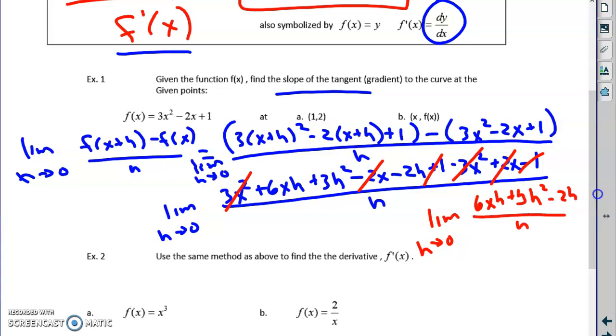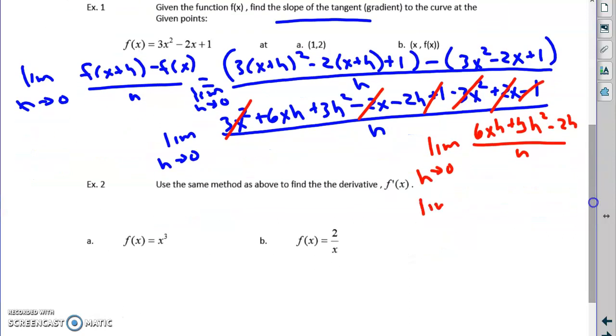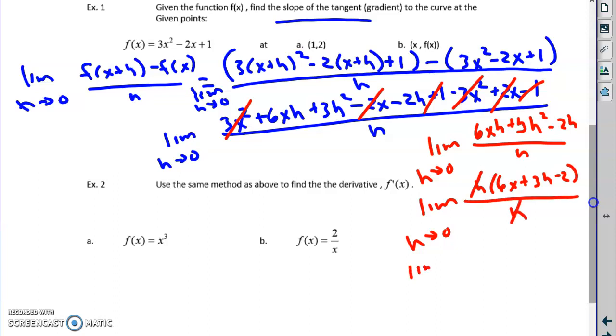Still couldn't plug in the 0 for h because I get a 0 on the bottom. Pull the h out. You've got to show each of these steps. h times 6x plus 3h minus 2. Running out of time. I think we can make it. Cross those h's out. Limit as h approaches 0 of 6x plus 3h minus 2.